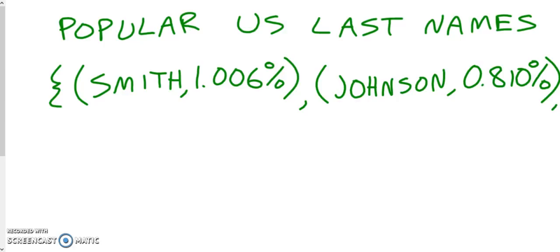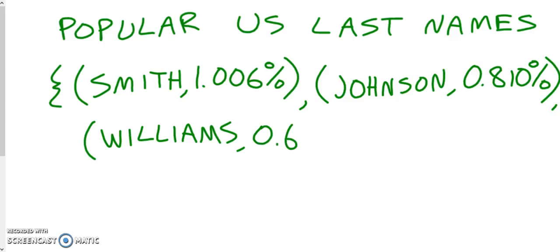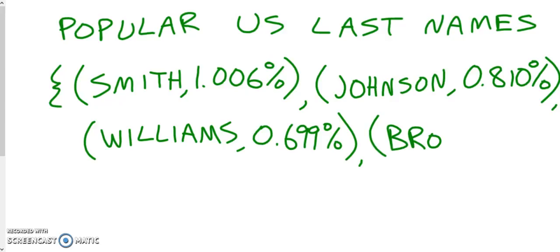All right. Any other guesses as to the next one? Williams. Williams is 0.699%. I'll give you a hint. The next one's a color. Right. Brown.